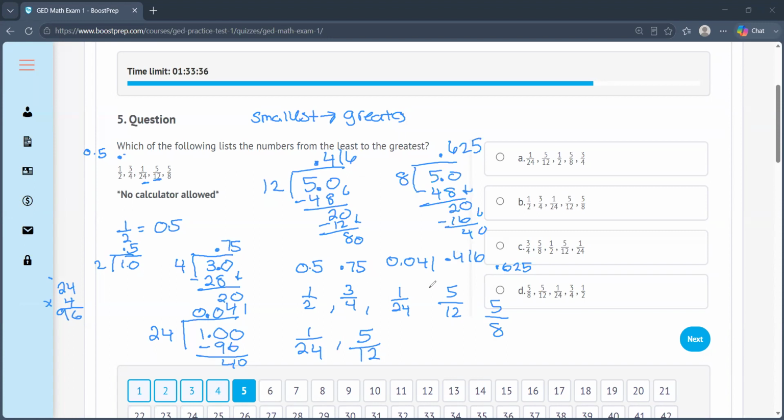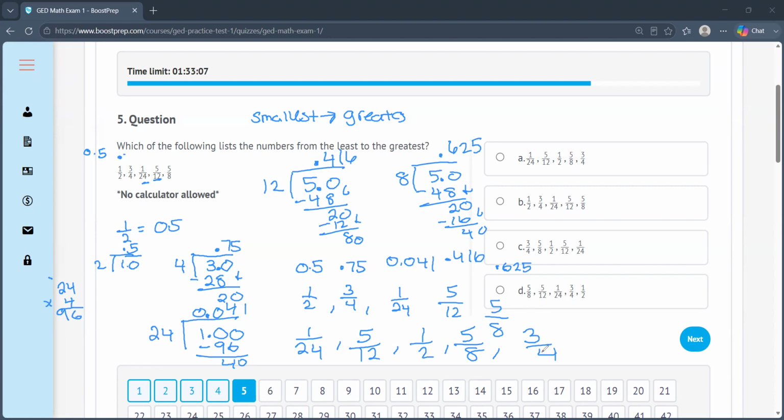The next larger one would be 0.5, so that would be 1/2. And then the next one would be 5/8, which is 0.625, right? And the largest one would be 3/4.